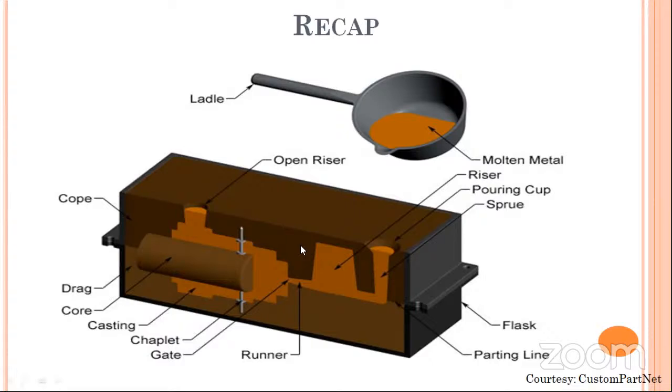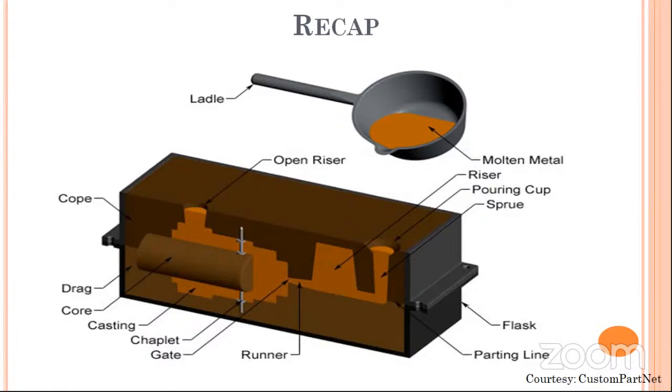Now, by the time you prepare your mold, the material in the furnace would have melted. So shift the molten metal from the furnace to a ladle. You can see a ladle here. Through the ladle, you transfer the molten metal from the furnace to the mold, wherever you are preparing the mold.